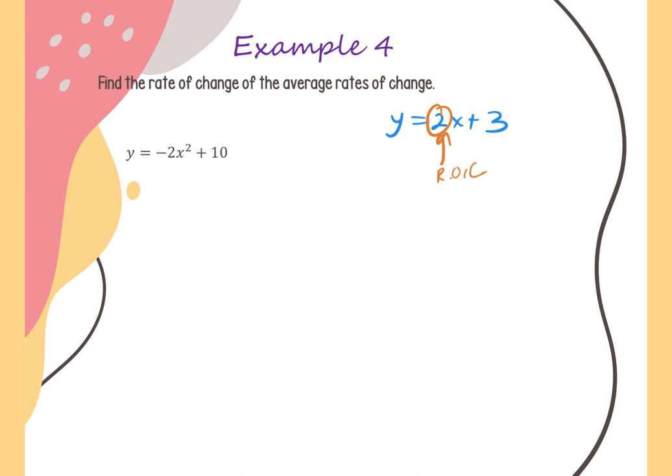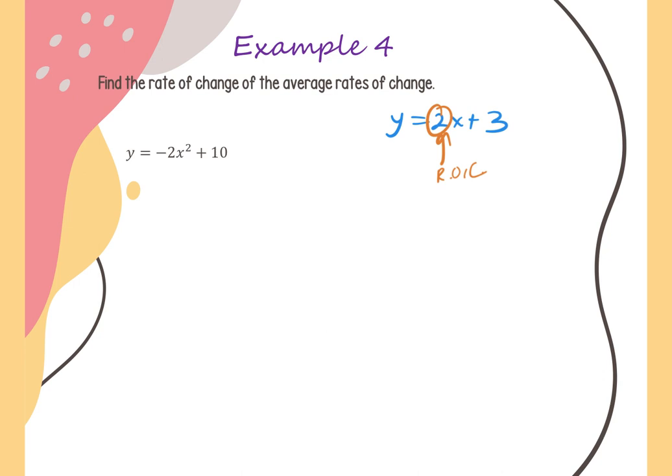The initial rate of change is 2, but then it's 2, 2, 2, 2, 2. So the rate of change of that is 0 because it's never going to change. So average rate of change 2, rate of change of the average rate of change 0, for linear, okay?